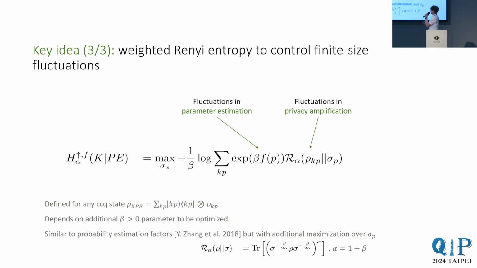And so this is for a classical quantum state, where K will be the key. We want to show how much key we have conditioned on P and E, and where in addition we want to base this lower bound. So if you take F to be a constant function, then this will be the usual Renyi entropy minus F. And so you see that F can be seen as a kind of lower bound on the Renyi entropy.